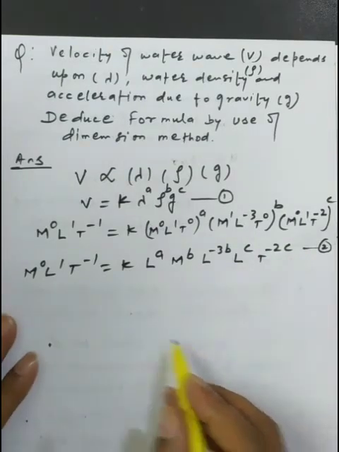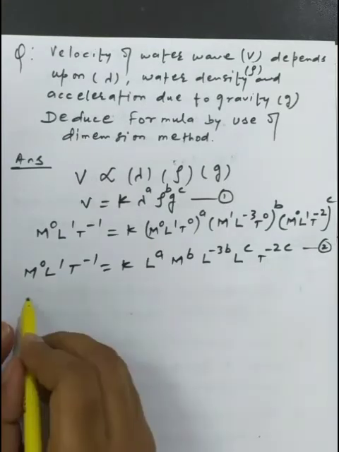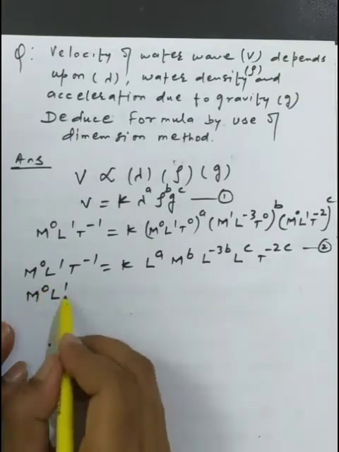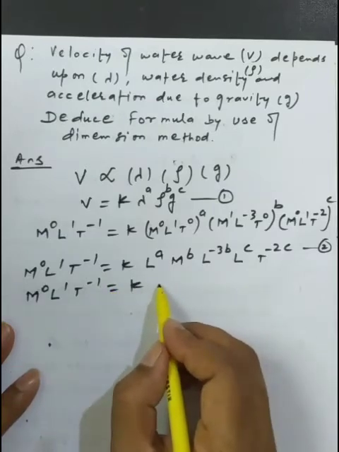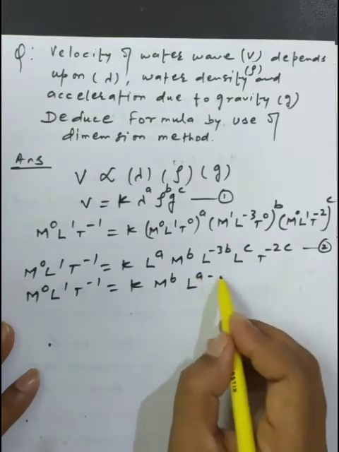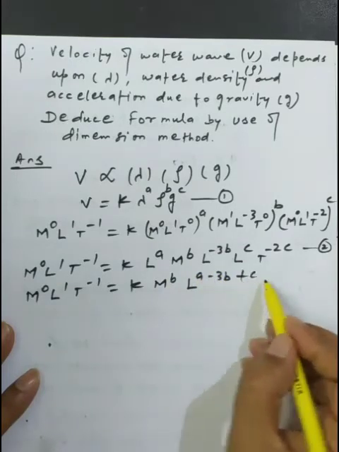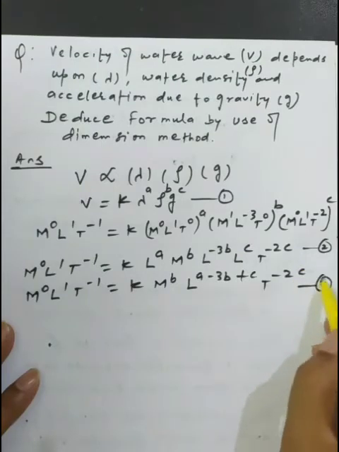We know the bases are the same, so the powers will be added. Further solving: M^0 L^1 T^-1 is equal to k times M^b, L raised to a minus 3b plus c, and T raised to minus 2c. This is the finalized equation we have here.